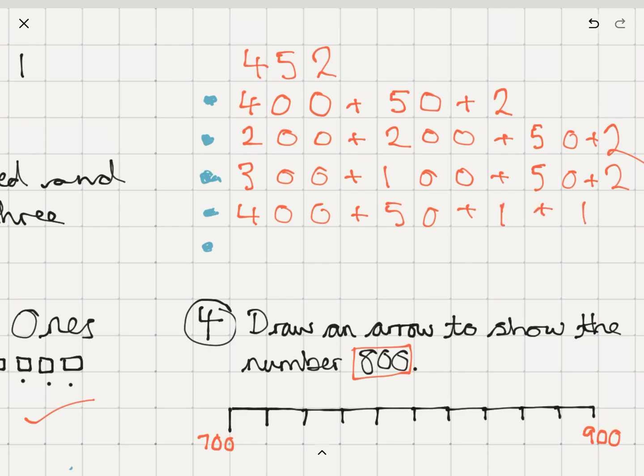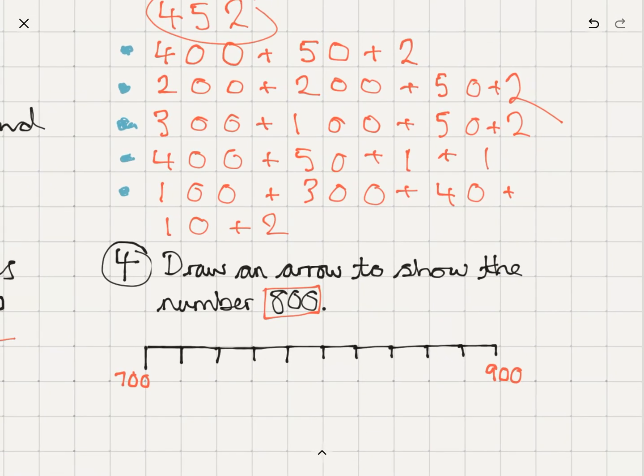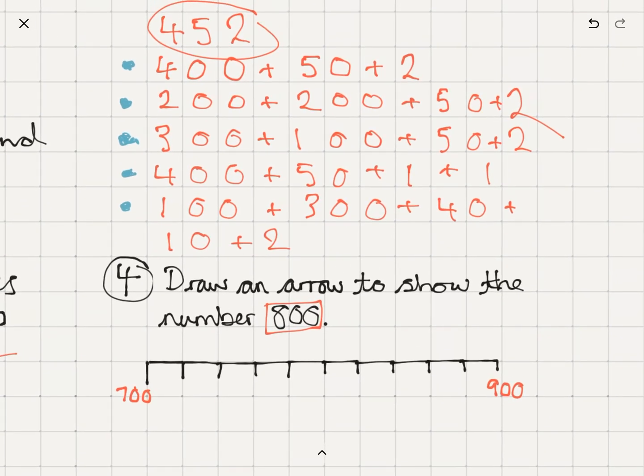Okay, you get the idea. There are loads and loads of different ways you could do it. As long as it adds up to this number, the answer is correct. So well done, guys. I know it's a little bit tricky and there's quite a lot of different things to get to grips with this 5 a day.